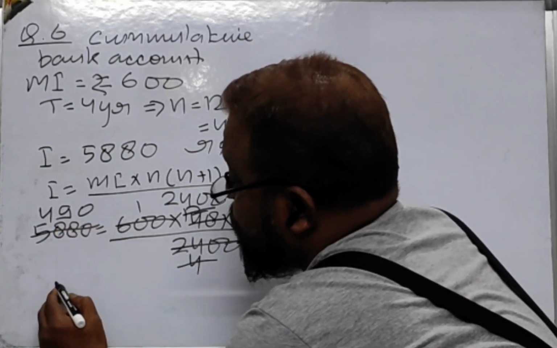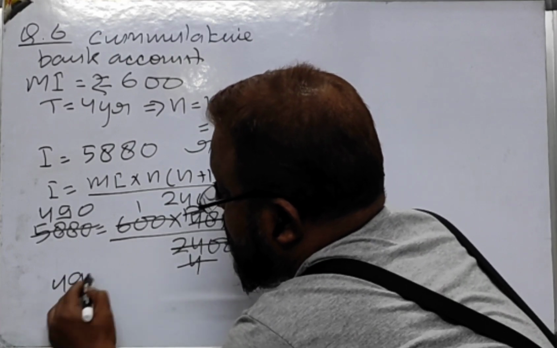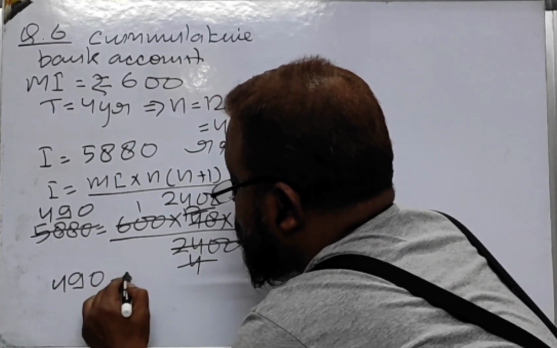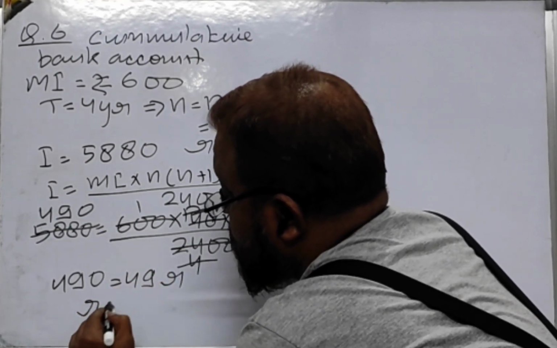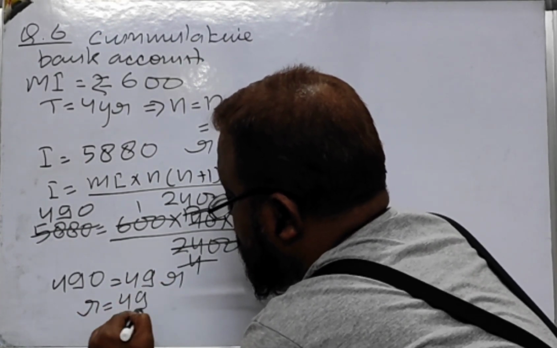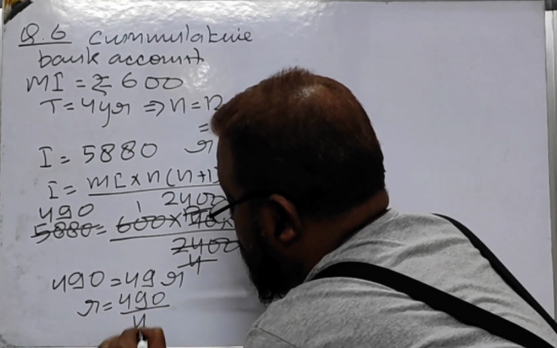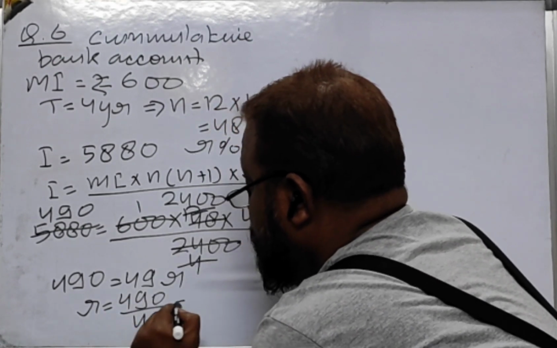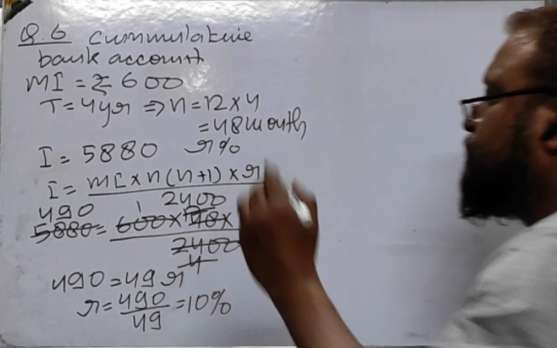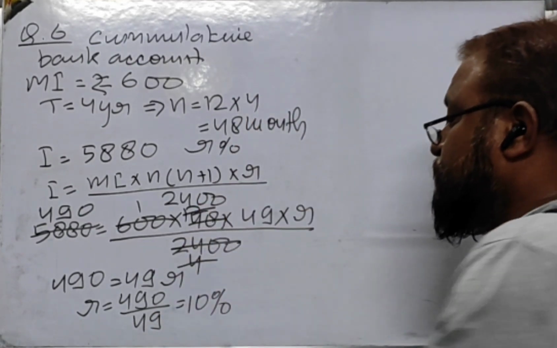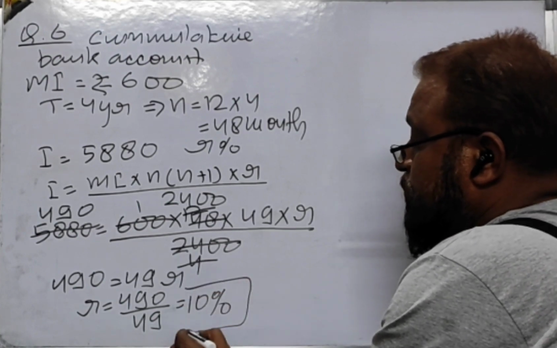So it is 490 is equal to 49 R. So R is equal to 49 upon 49. It becomes 10%. Getting? So this is done.